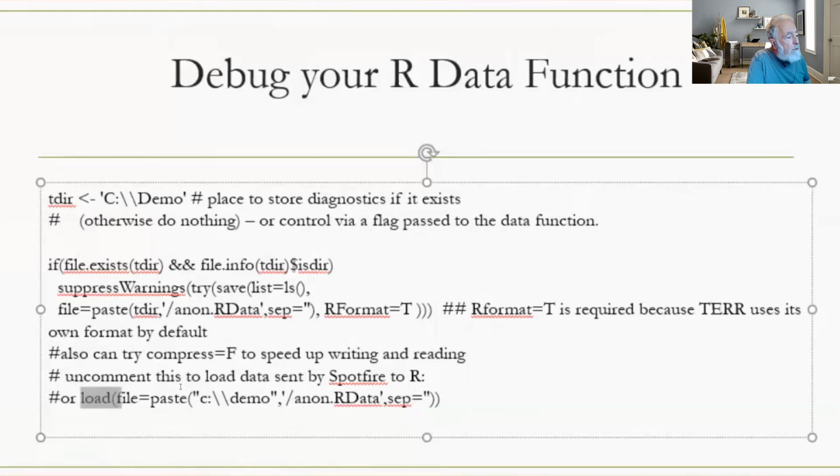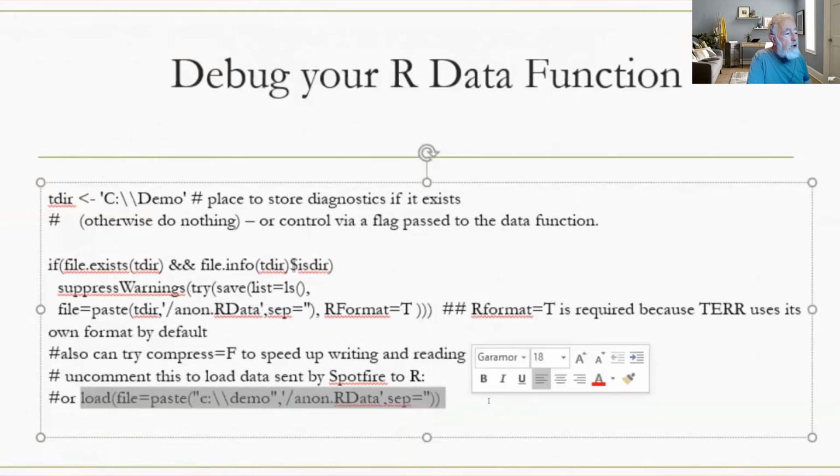This is what you have for the code to capture that in a separate R session. So you use the load command and load in the R data file that Spotfire wrote, and now you've duplicated that, and you can do that in any R GUI or development environment that you want to use.